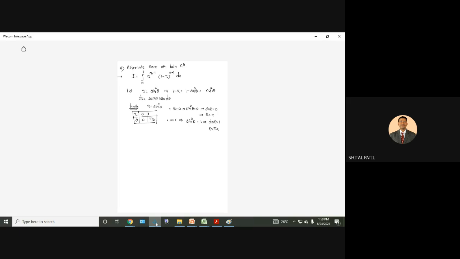Okay, now substitute all the values. We know x, we know 1 minus x, we know dx, we know limits. These 4 values are to be substituted in the given integral. So I, limits become 0 to pi by 2. x, that is sin square theta. 1 minus x, cos square theta. dx.